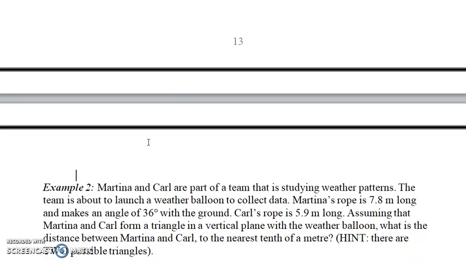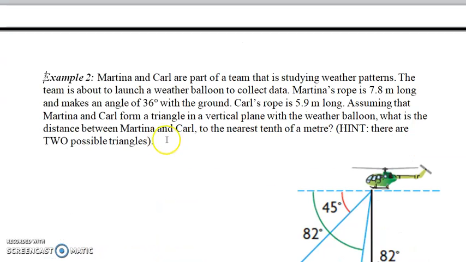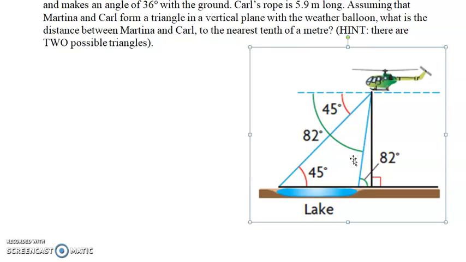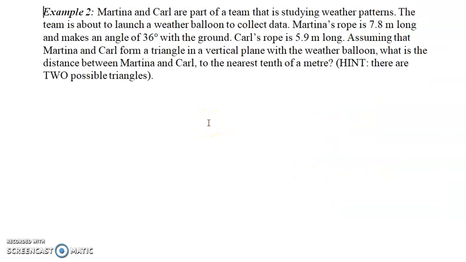Let's go back to that same question we had with Martina and Carl before. That can be solved this way. And remember, hint, there's two different possibilities. So that's pretty interesting. We could work that through again, like we did in the previous video, so I won't do that again, but it's done. If you look at 4.3, the answer's there for this particular example.